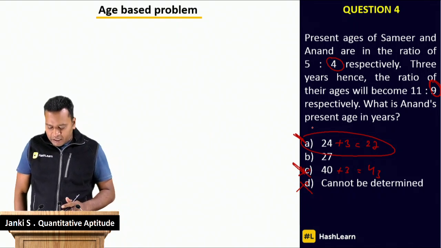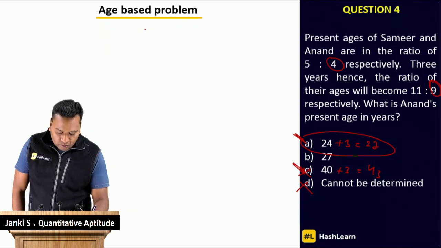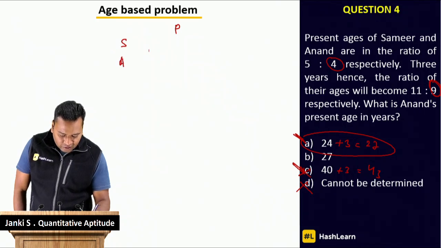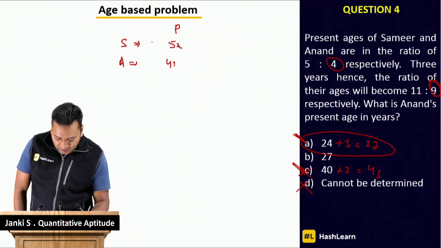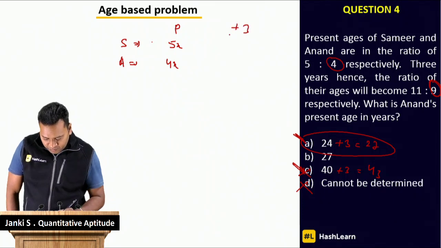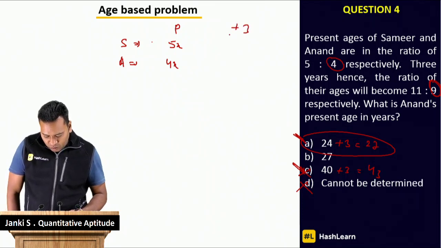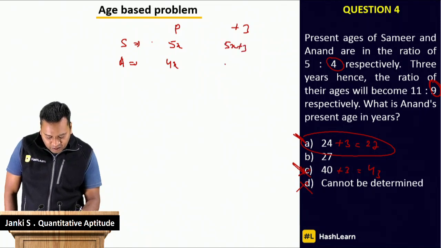The present ages of Samir and Anand are in the ratio of 5:4. Let's consider they are 5x and 4x. 3 years hence, that means plus 3, it is 5x plus 3 and 4x plus 3.